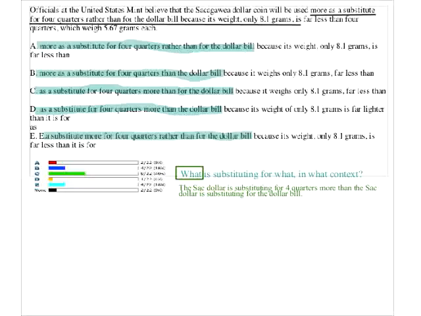That's what this is supposed to mean. Because you can figure that out from context, because it's substituting for 4 quarters because it's lighter than 4 quarters. It's heavier than a dollar bill, so it's not going to substitute for the dollar bill. Smiley face if this makes sense.